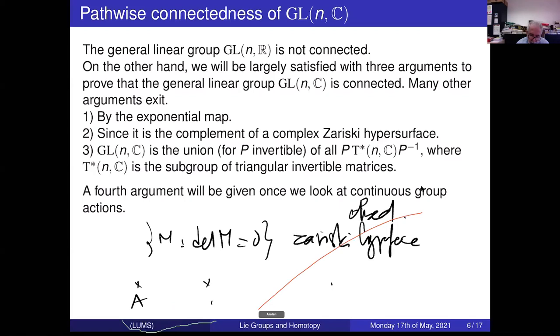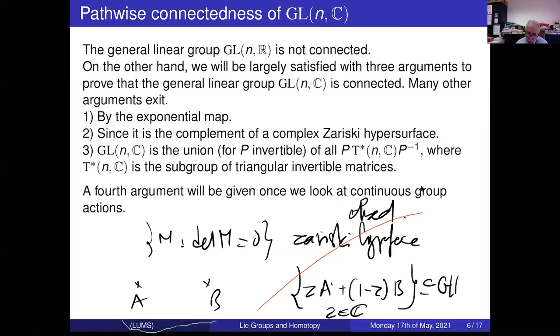Take two matrices A and B, which are invertible, and consider the set ZA plus (1 minus Z)B for Z in C. This set could be made of invertible matrices as soon as the determinant of ZA plus (1 minus Z)B is non-zero. This determinant is a polynomial in Z, so it has a finite number of roots.